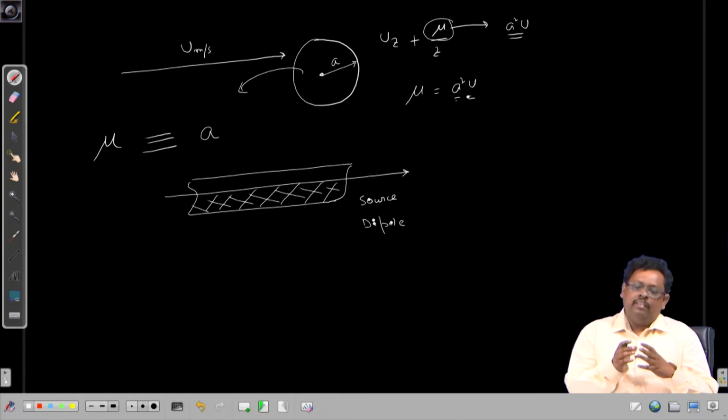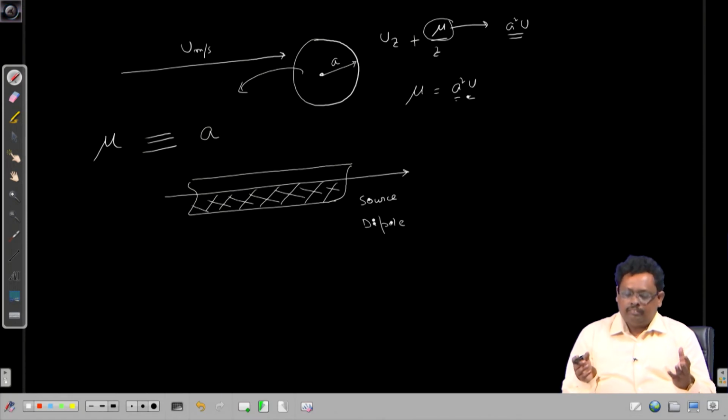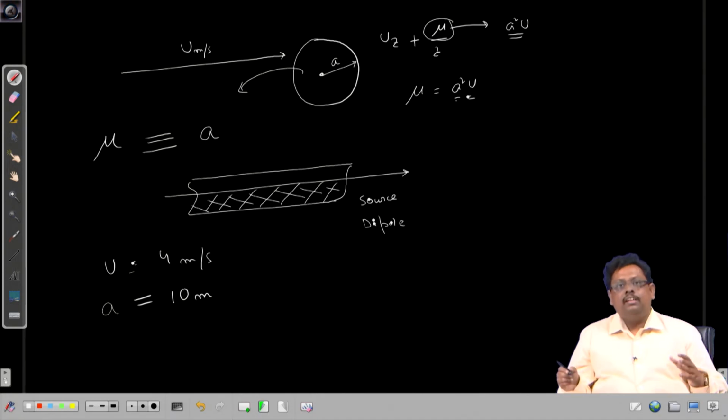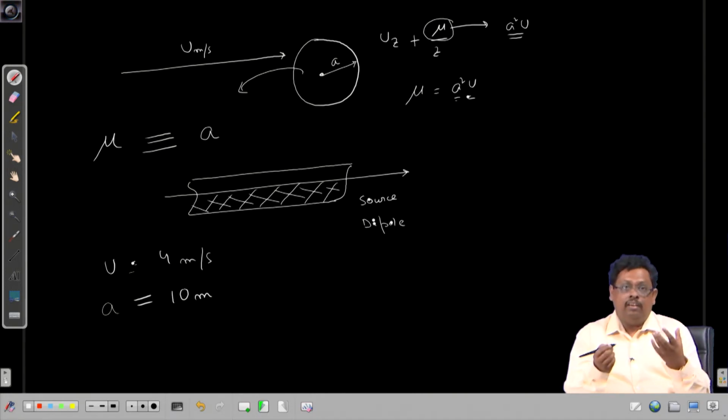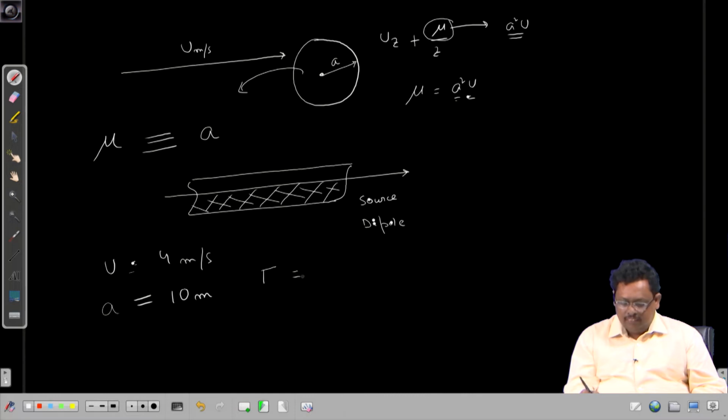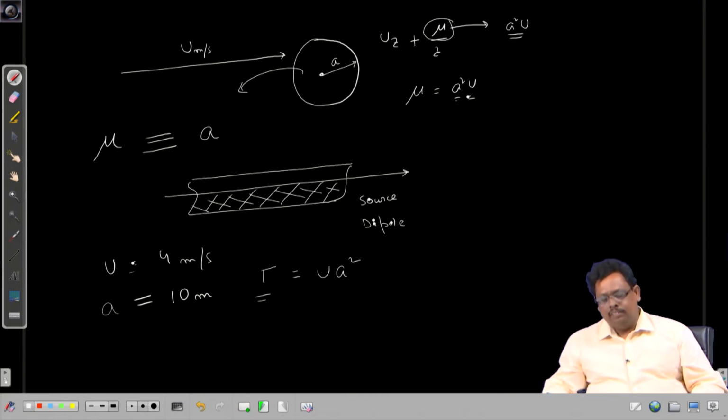Say U equals 4 meters per second, and the radius of the cylinder a equals, say, 10 meters, and you ask me to find the pressure pattern along this cylinder. It is very easy, because my strength is related to both. So, mu is nothing but U into a squared. If I put this strength, then definitely I can get what you are asking for, right.